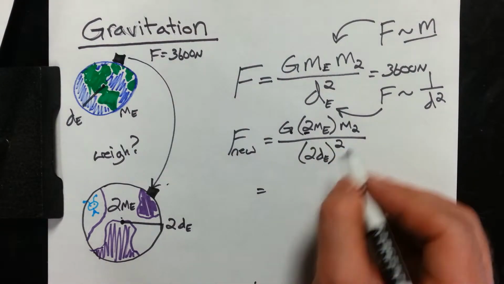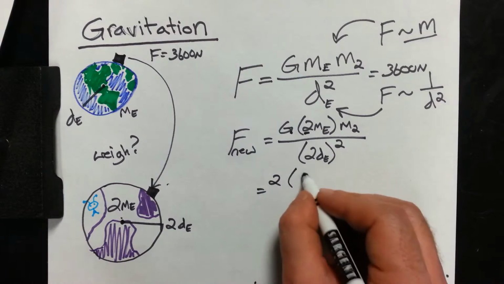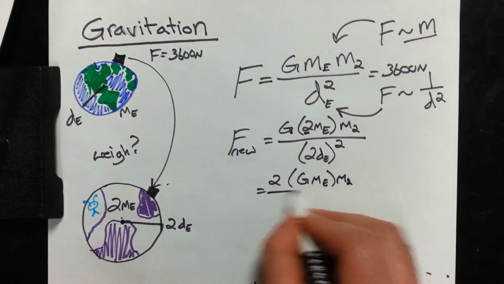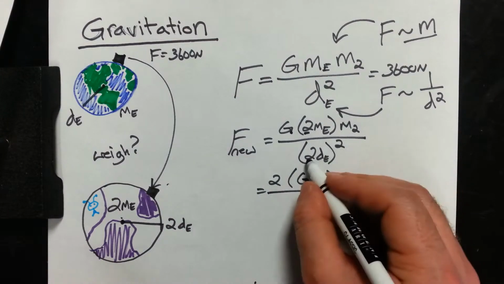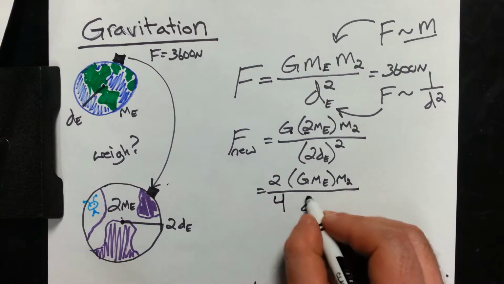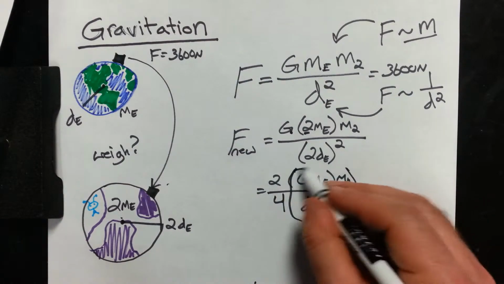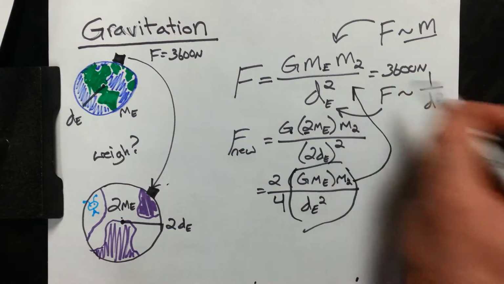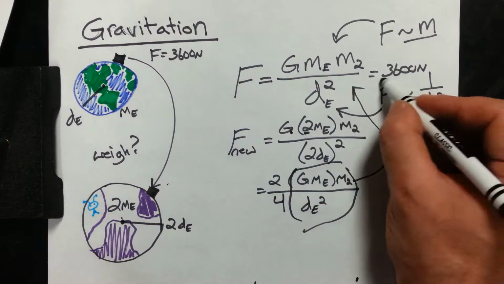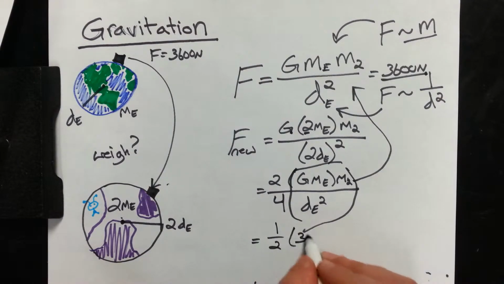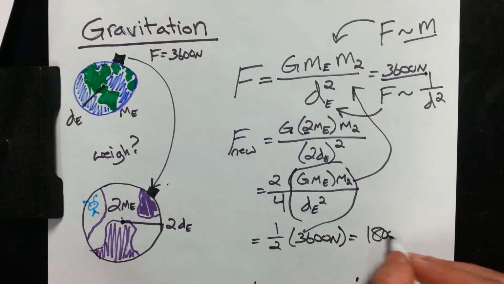Let's pull this 2 out front: 2 times G, mass of the Earth, times M2, and I have 2 squared, which is 4, times dE squared. Now all of this is the same as the equation I had before. All of that was 3,600 newtons. So really I have 2/4, and that's 1/2, times 3,600 newtons, right? And that's going to give me 1,800 newtons.